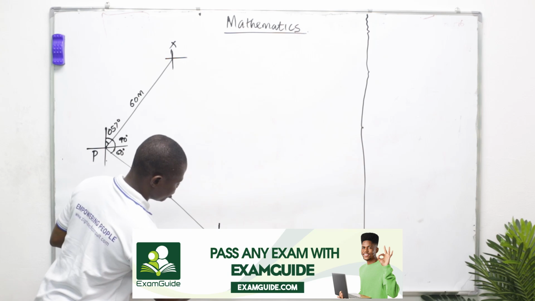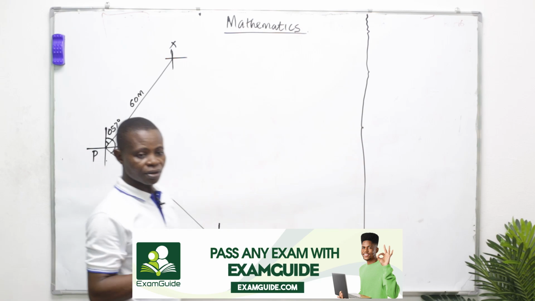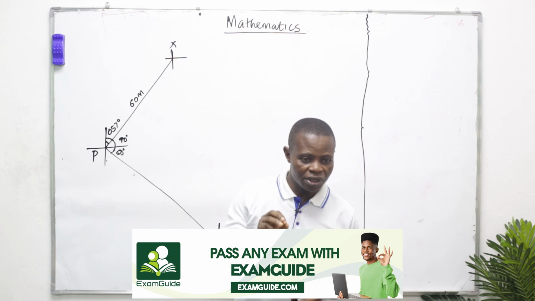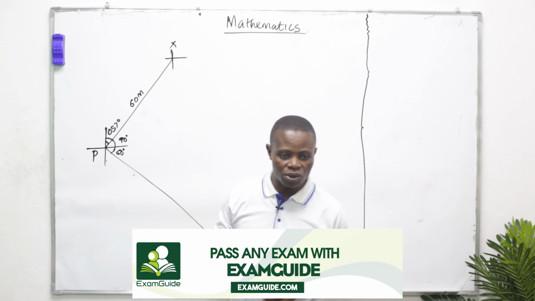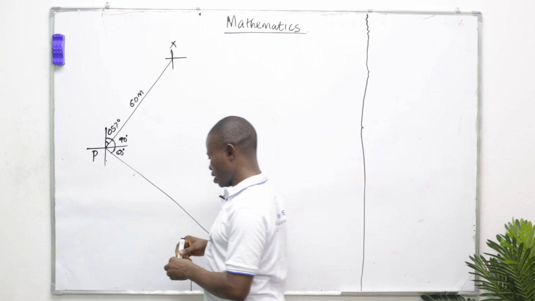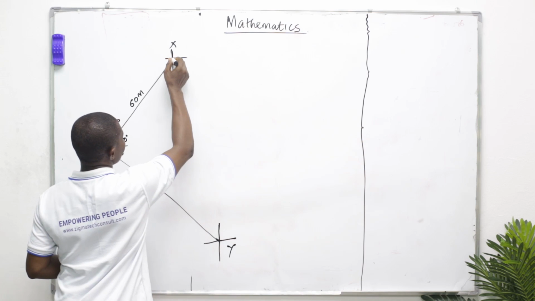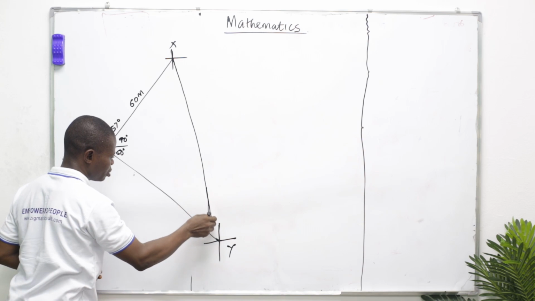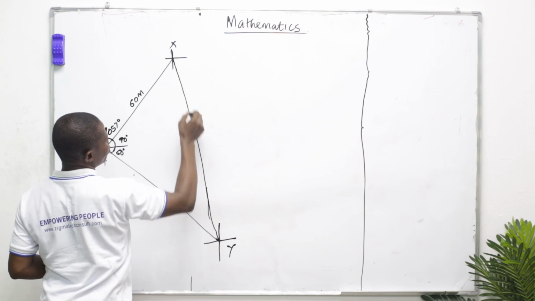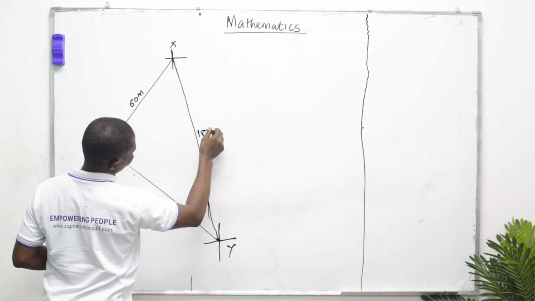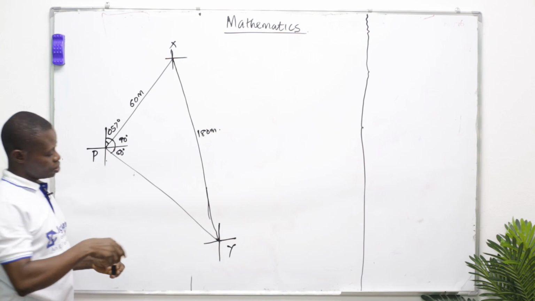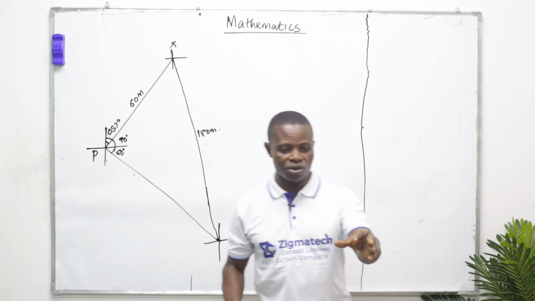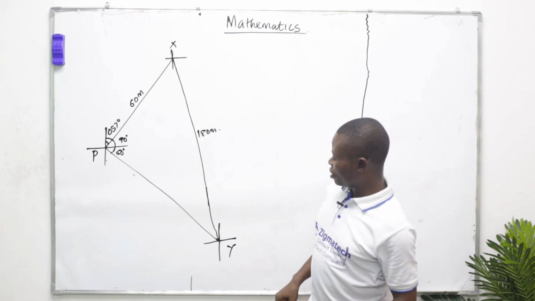So this is Y. The residents of X and Y are 180 meters apart. Let's link this. So the question is, illustrate this information in a diagram.